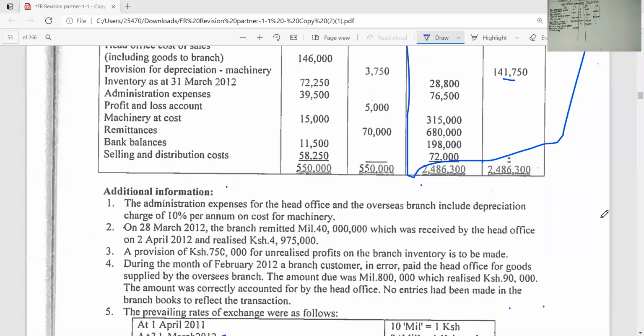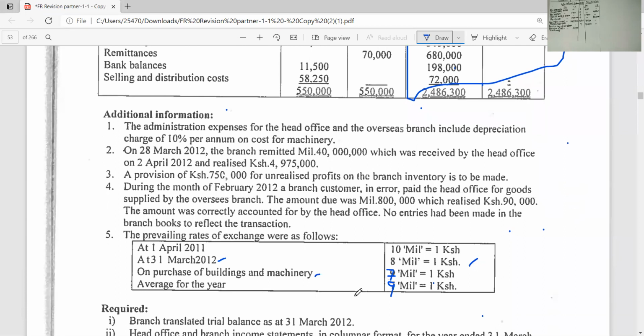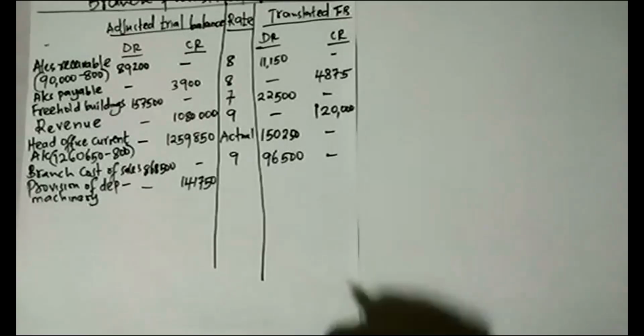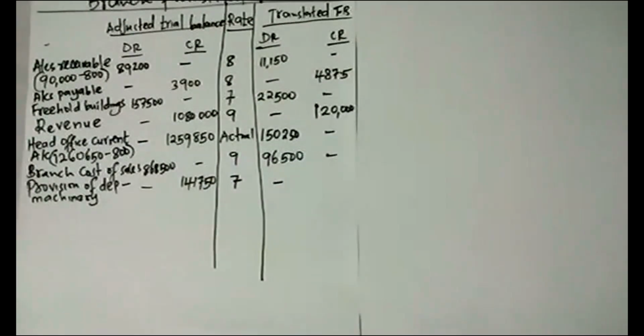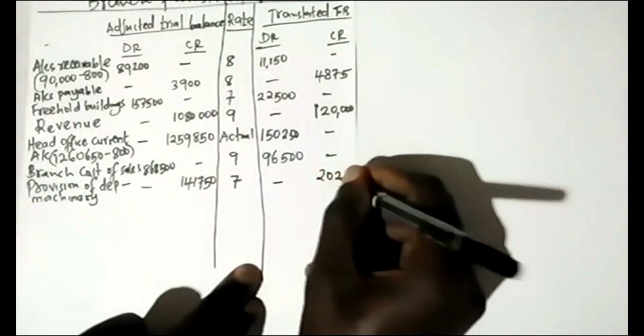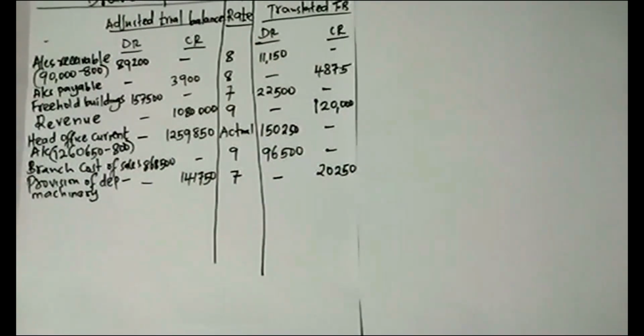Because for depreciation, use the respective rate used to translate the respective asset, of which they said on purchase of building and machinery, use 7. So if we divide the two, I get 20,250.